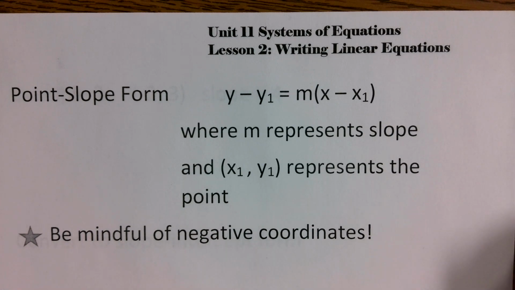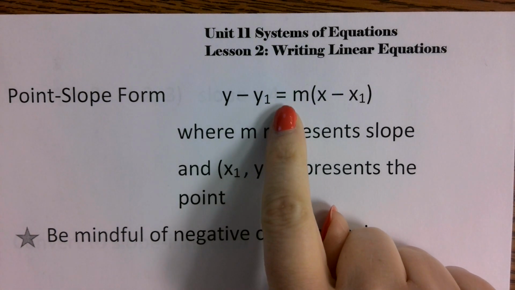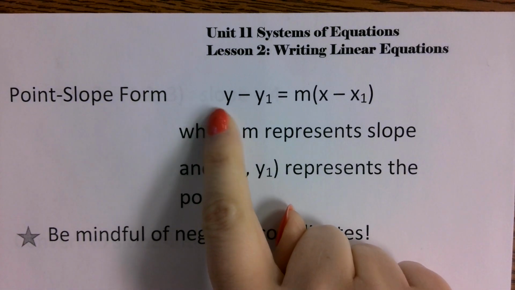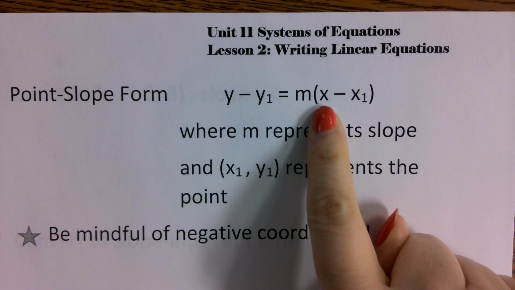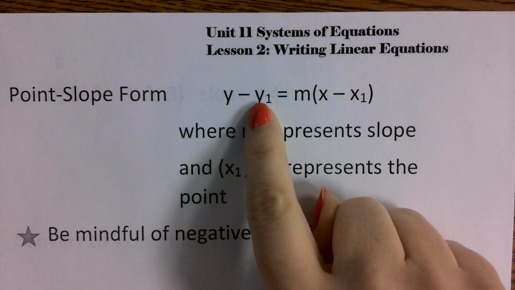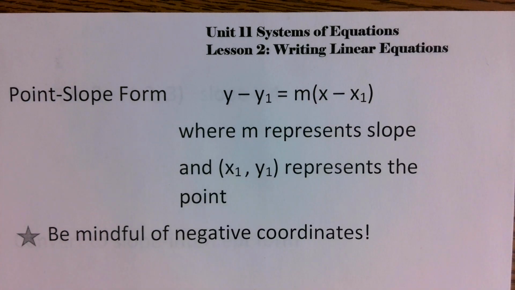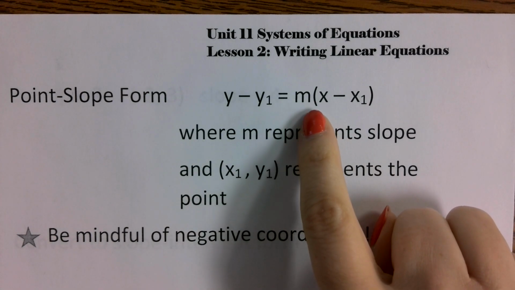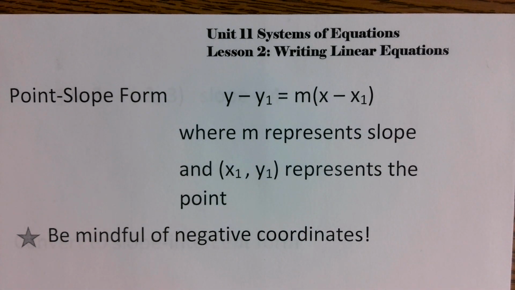So what we do is we write it down as an equation where y and x stay variables, and then y1 and x1 represent the coordinates of your point that falls on your graph, and m is going to represent your slope. So let me go ahead and highlight that for you.